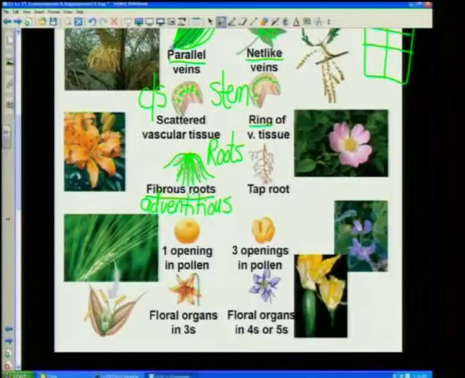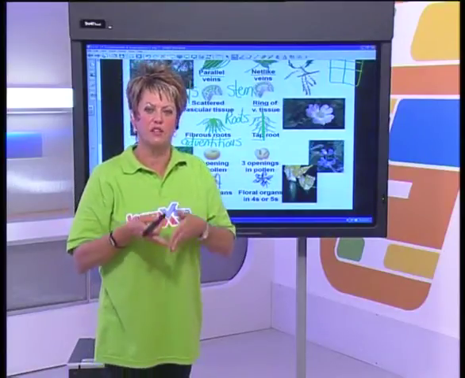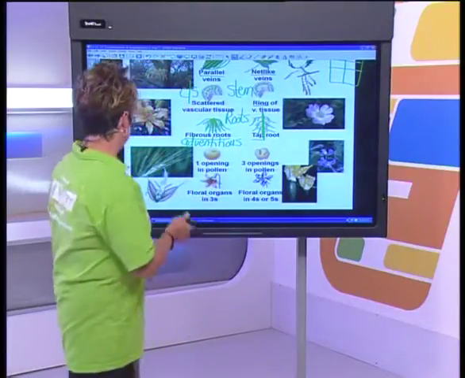Whereas if you look at the angiosperm, they've got a big taproot and all these little lateral roots growing from this main taproot. Now you would say, why is there a big taproot? Remember, our angiosperm plants are big trees. They need good support. They need good anchor. They need to absorb a lot of water.